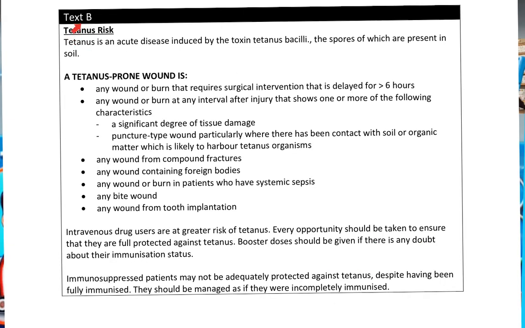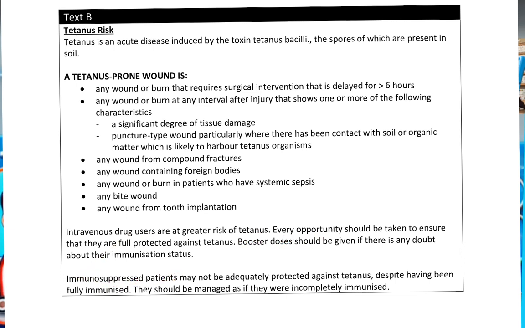Text B, tetanus risks. So it has a heading and it is making it very easy for us to understand. Tetanus is an acute disease induced by the toxin of tetanus bacilli. A tetanus prone wound is, so these are the prone wounds. Intravenous drug users are at greater risk of tetanus.